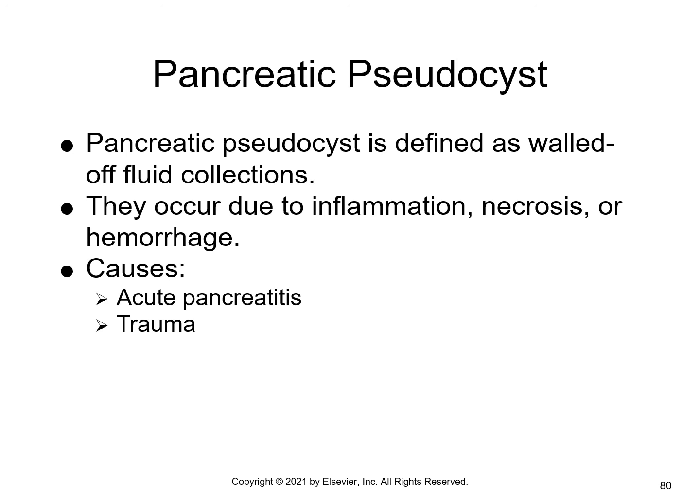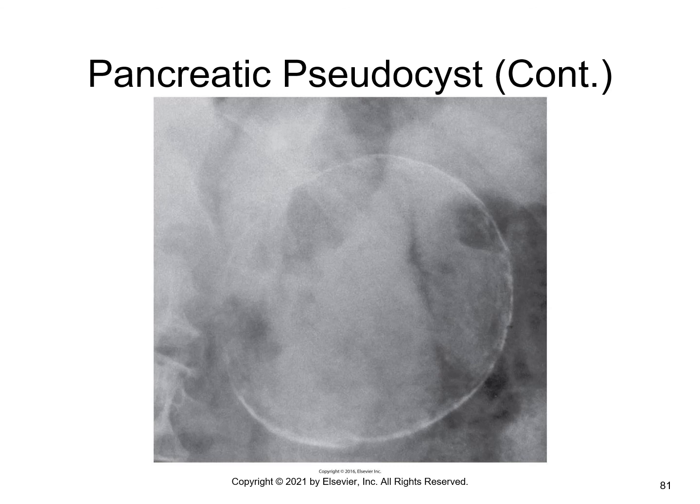It usually occurs due to inflammation, necrosis, or hemorrhage, which can be triggered by acute pancreatitis or trauma. And so that's why they call this a pseudocyst. Here's an example of a pseudocyst. This one has a calcified encapsulation that's demonstrating this pseudocyst in the tail of the pancreas.